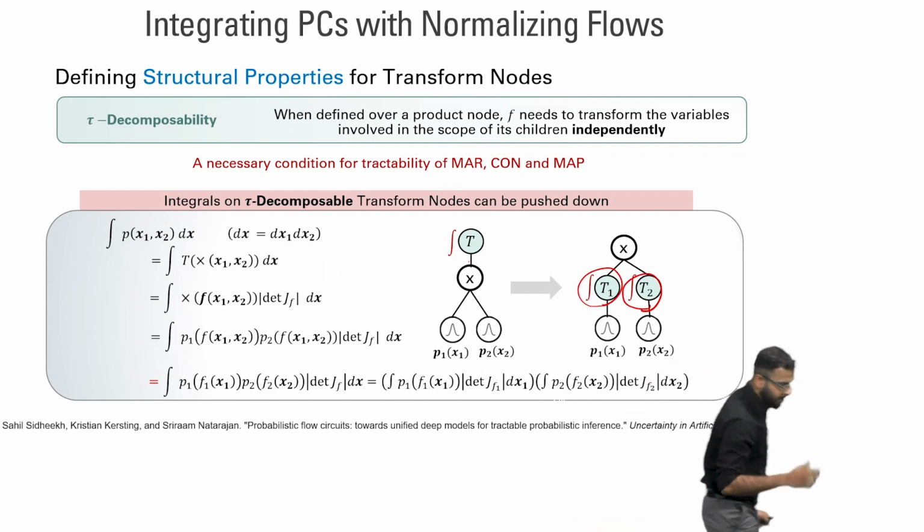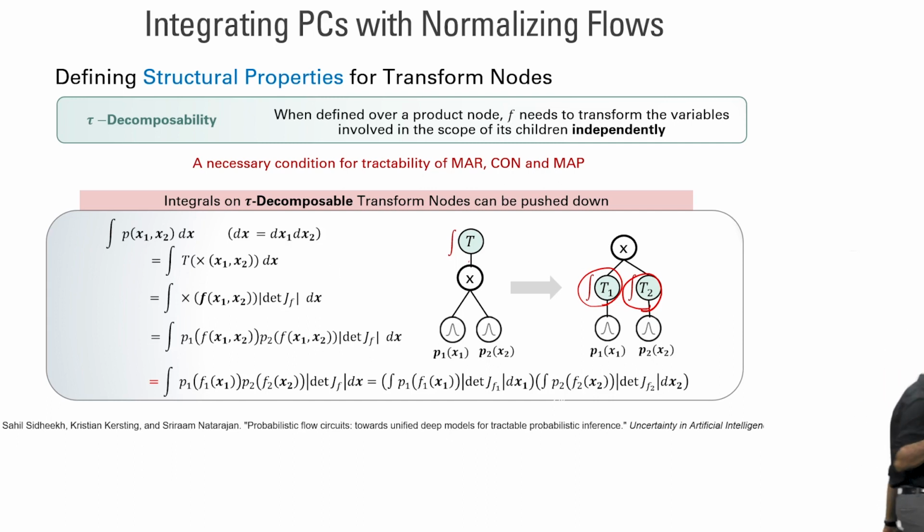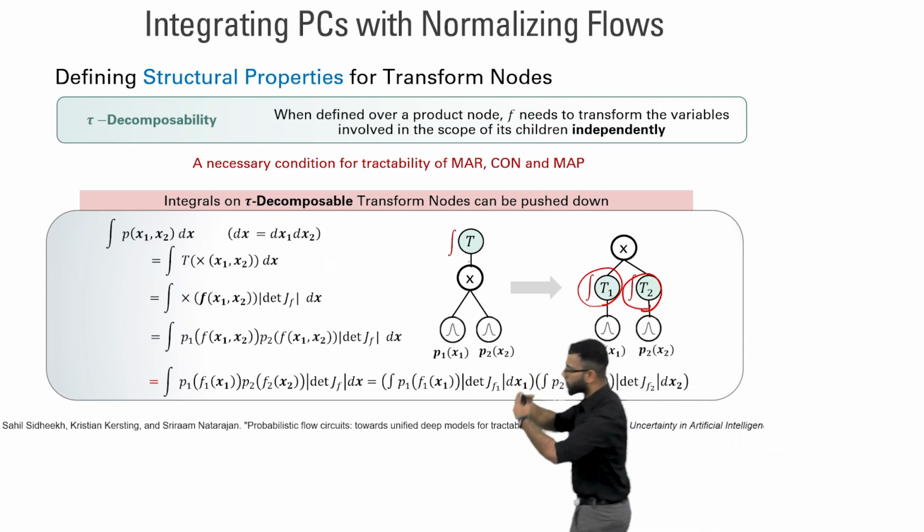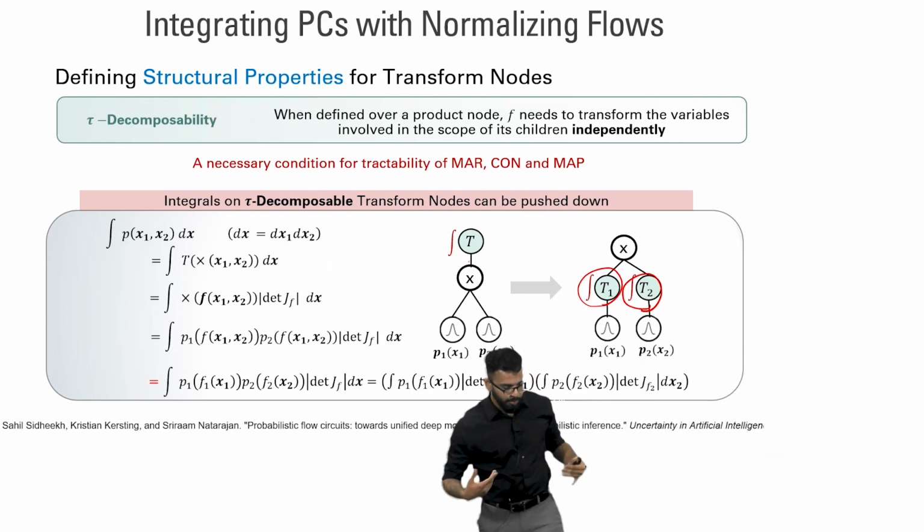So this is just to link with the idea of how we made things tractable. It was by pushing complex things from the root node to the child node where it can be easily computed.